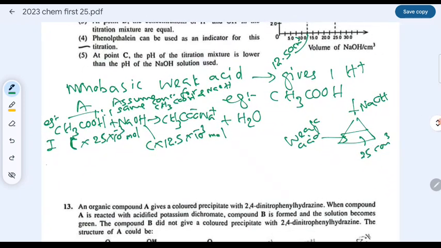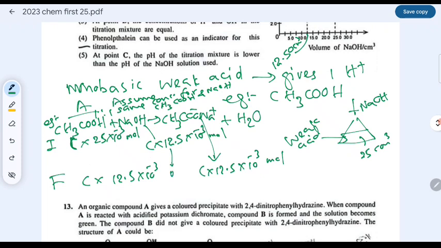Now the sodium hydroxide mole amount is less, so when we subtract, finally 12.5 into 10 to the power minus 3 moles will be remaining. There will be no sodium hydroxide, and 12.5 into 10 to the power minus 3 moles of CH3COO minus sodium plus will be formed.